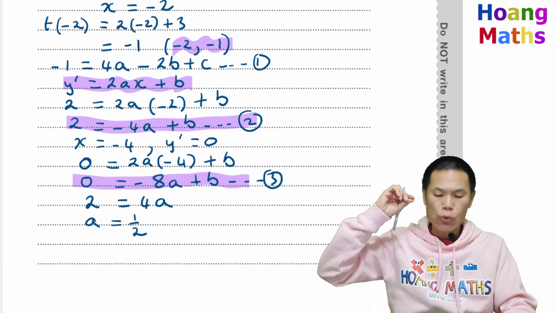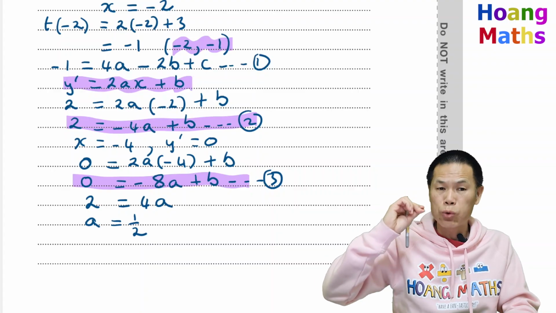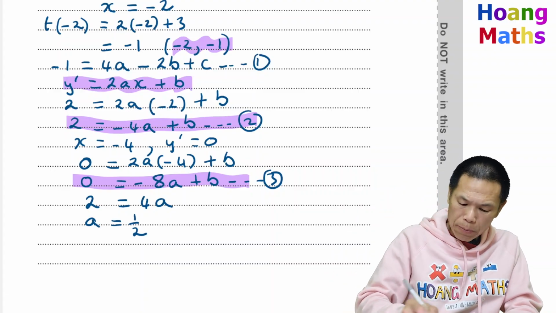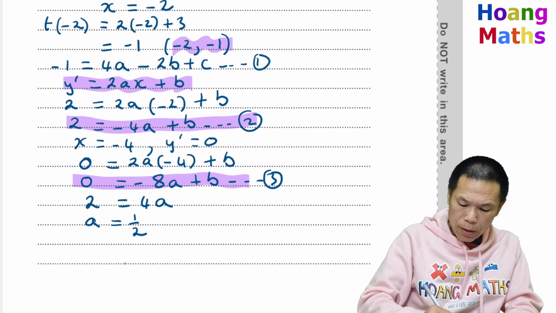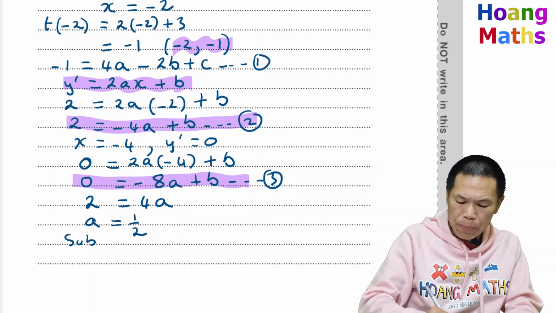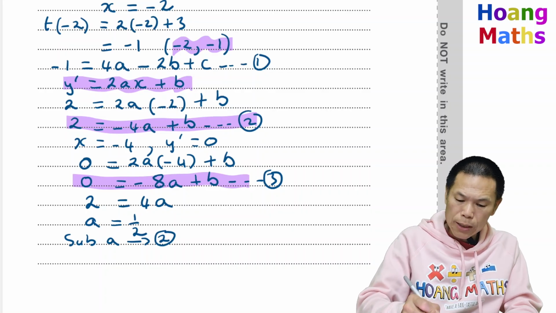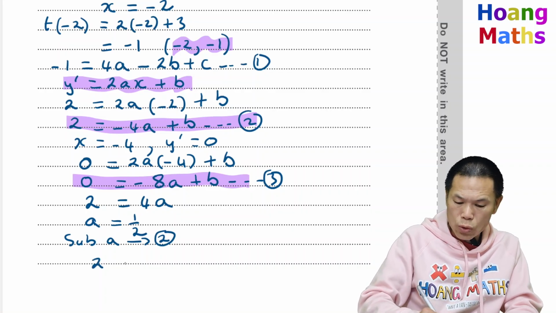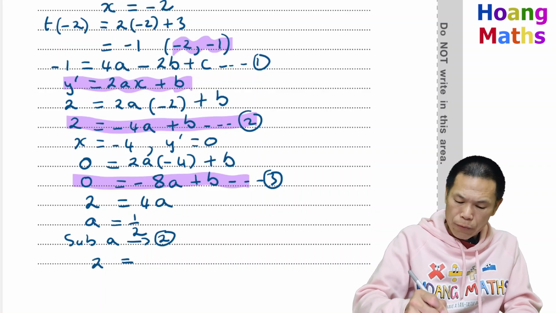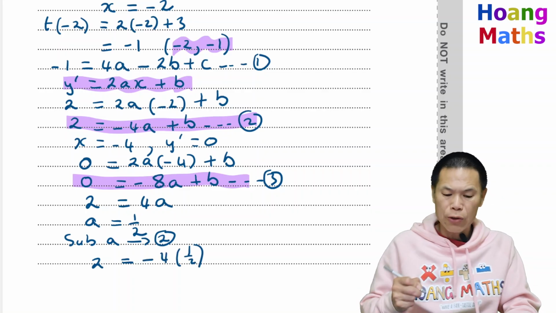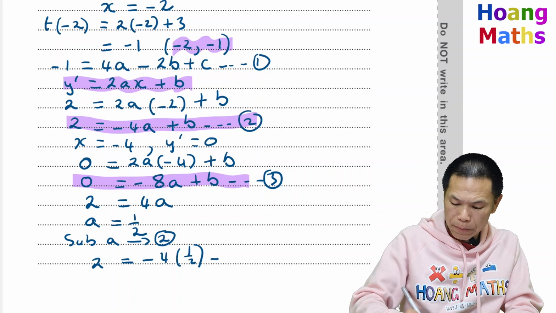Then we can substitute a into either equation number 2 or number 3. Let's substitute into number 2. Let me just write this down: sub a into equation number 2. So 2 equals negative 4a, which means negative 4 lots of a half, because a is a half, plus b.